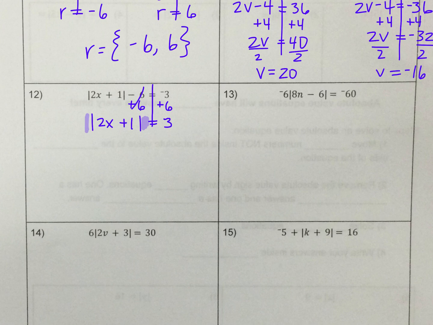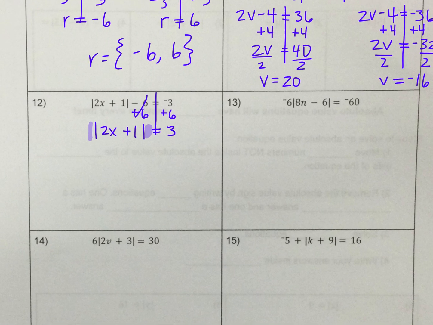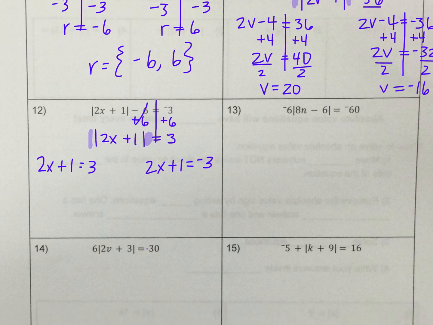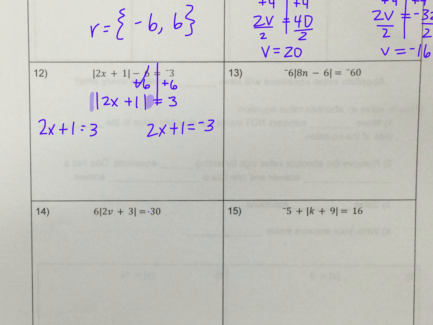So now it's time to get out of jail. So 2x plus 1. When you get out of jail, you have 2 choices. You can make positive choices, or 2x plus 1 can make negative choices, bad choices. So first thing I want to do is subtract 1. 2x equals 2.